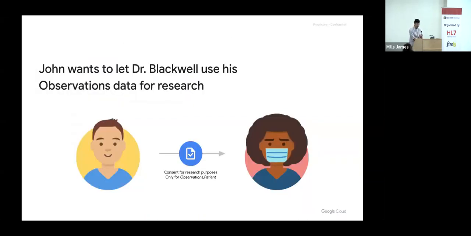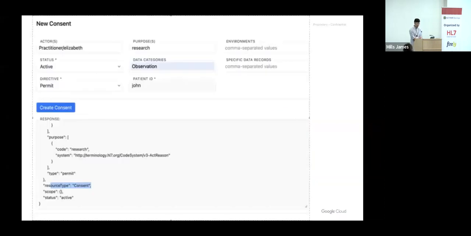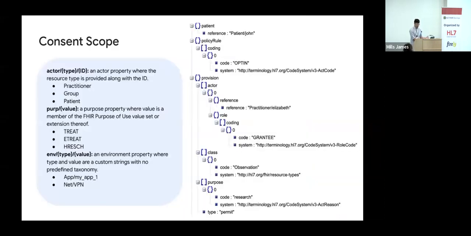Okay, so this is the use case we just covered. John let the physician use his observation data for research. And quickly, this is the consent resource that was created based on John's intentions, and we read that and enforced that.